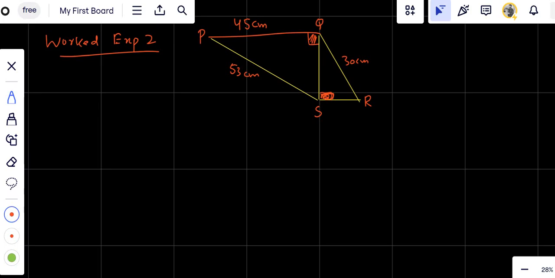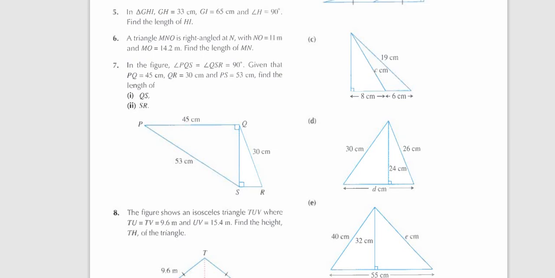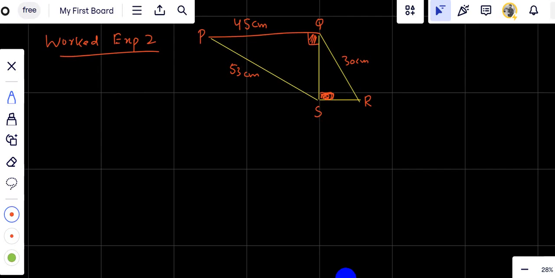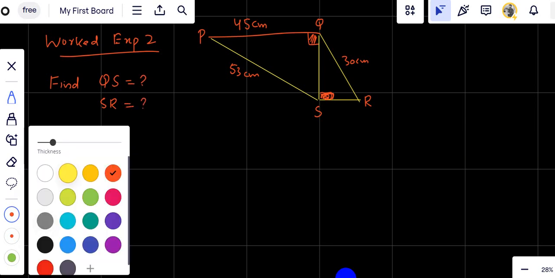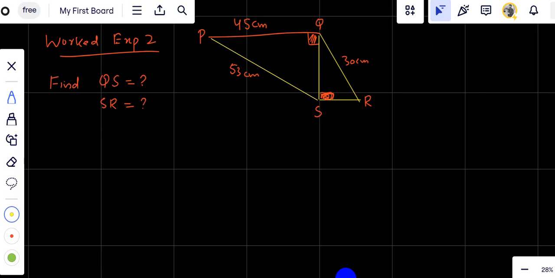Now look at the requirement, the demand of the question. The question is find QS and SR. First of all, we need to figure out whether the side QS is hypotenuse or opposite or adjacent.